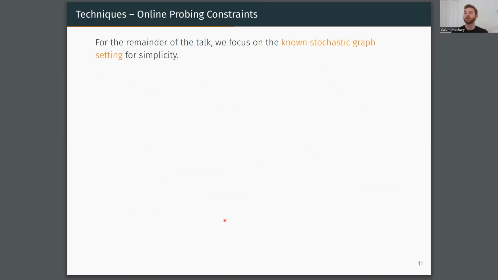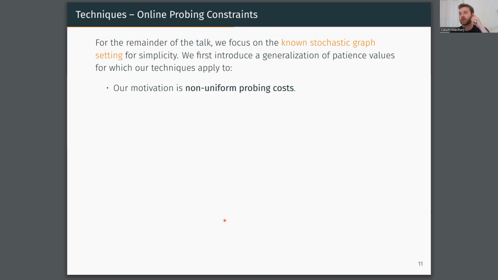Okay, so for the remainder of the talk, I'm just going to focus on the known stochastic graph setting. So we can always assume that the online probing algorithm has access to G. And before we continue, I'm going to indicate a generalization that we'll work in. So far, I've only talked about patience values.